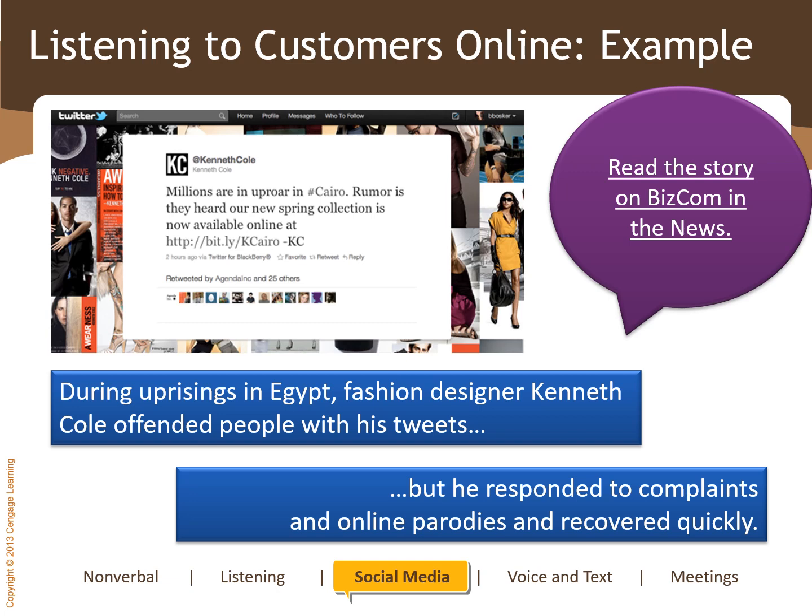In this particular year, 2011, there were uprisings and demonstrations all through Egypt. So this store, Kenneth Cole, did the following. They said, there's uproar in Cairo, in Egypt, because we are announcing discounts and because our new collection has arrived.